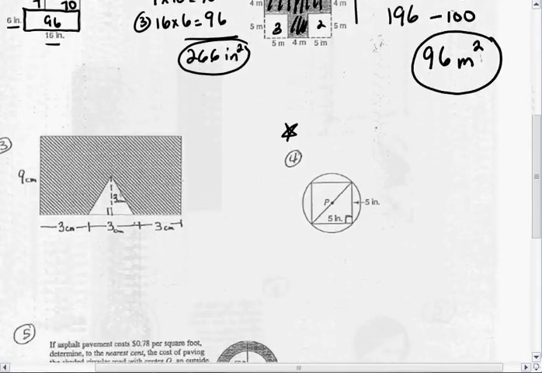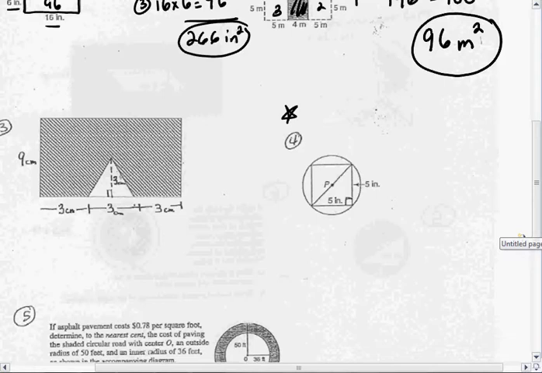And the last one I'm going to do with you on this video is number 4. In number 4, I've got a square that is inscribed, drawn inside a circle, and I want to find out the space of the circle that is not covered by that square.